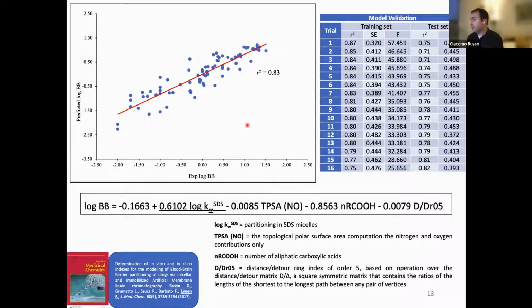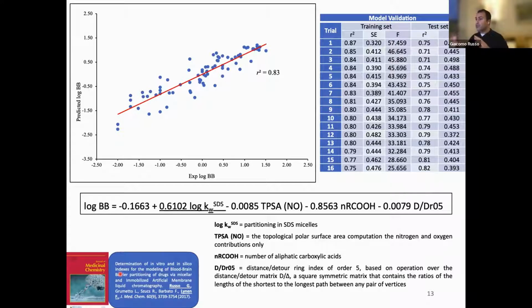Other descriptors that were found to be relevant in describing the passage through the blood-brain barrier were the topological polar surface area, taking into account only the nitrogen and oxygen contributions, the number of aliphatic carboxylic acids, and DDR05, which is a distance-determining ring index of order 5, a topological descriptor reflecting the geometrical environments, especially in complex cyclic systems.